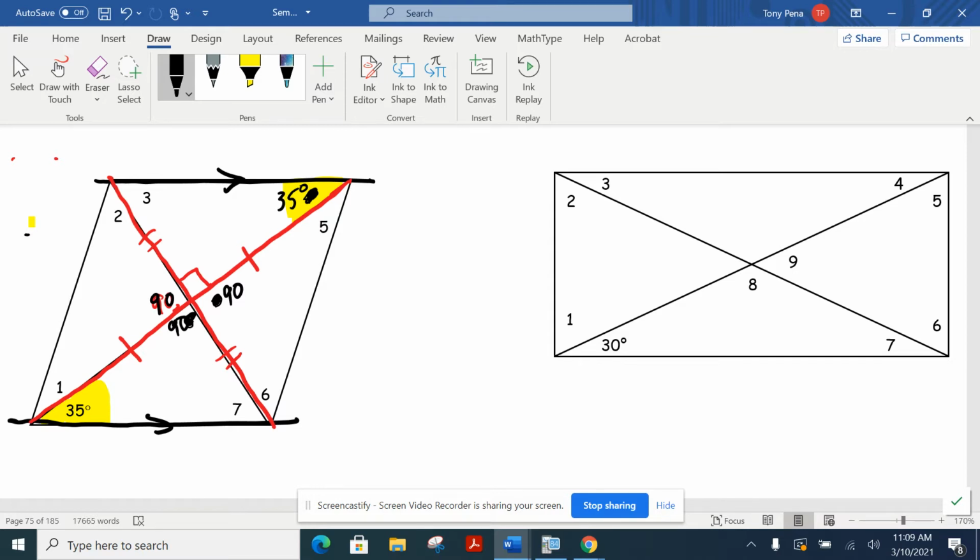Real quick, now that we have those, I would think we could get a few more angles. So take 30 seconds here, and we should be able to come up with a few more angles. So take a second and write down what you think you could do next.